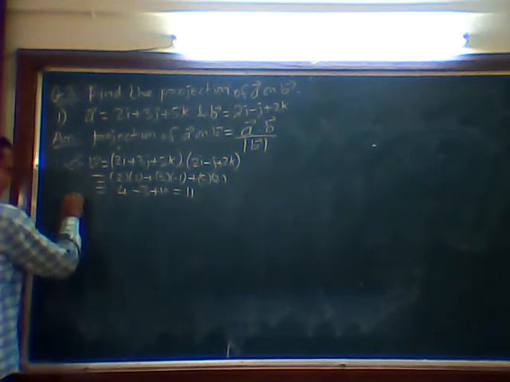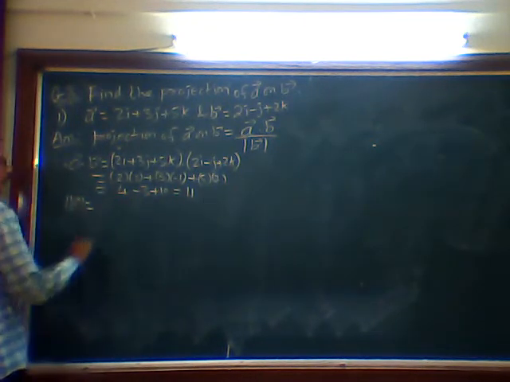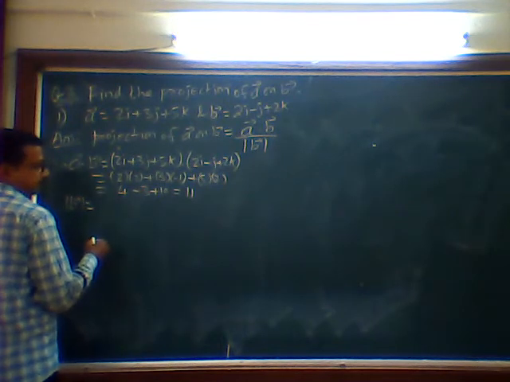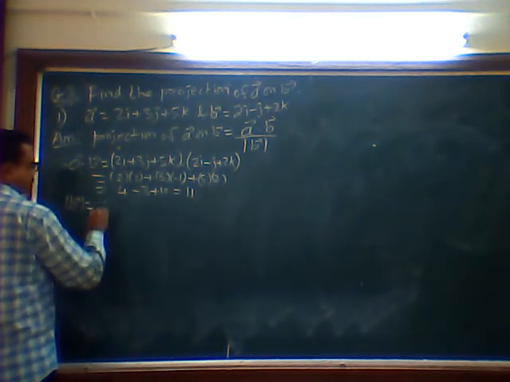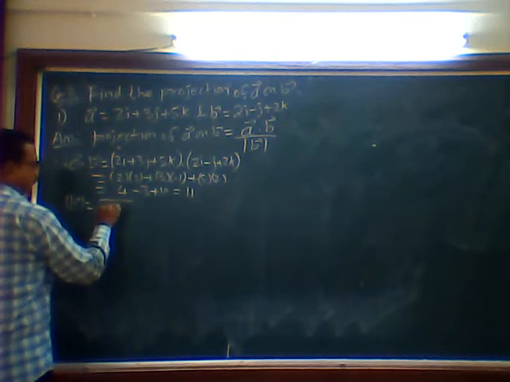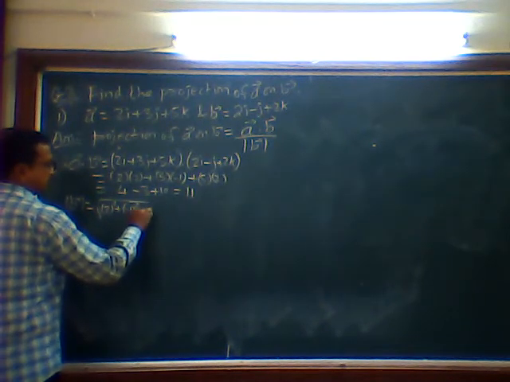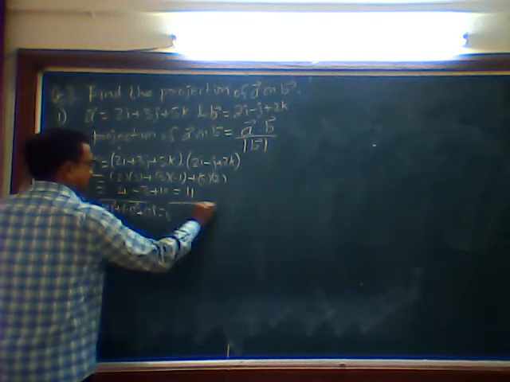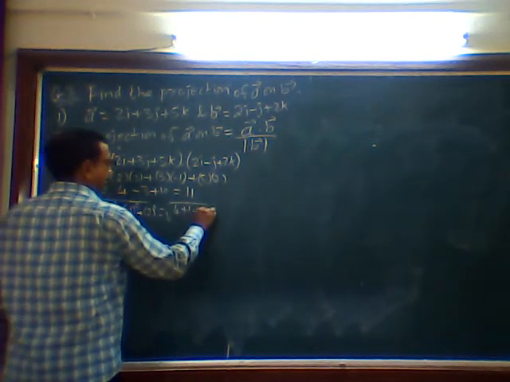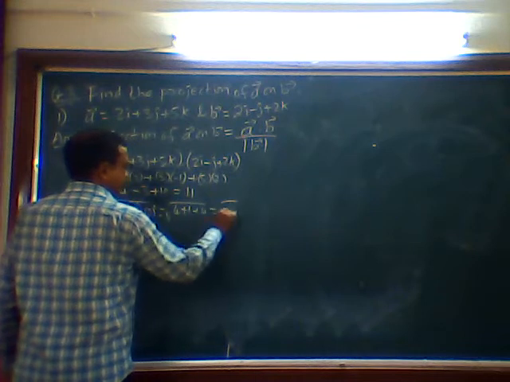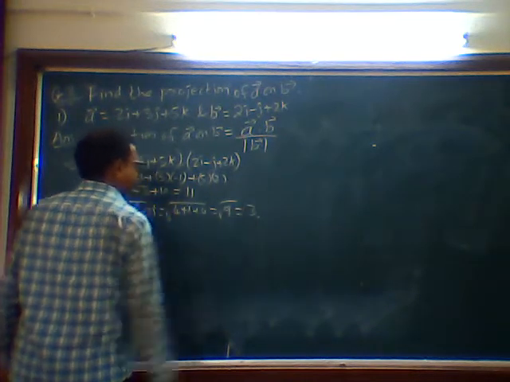Then we will find mod b bar. Mod b bar is square root of 2 square plus minus 1 square plus 2 square, 4 plus 1 plus 4, that is 9. Root 9 is nothing but 3.